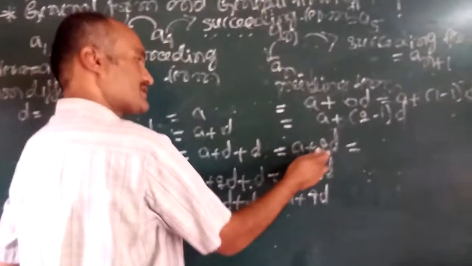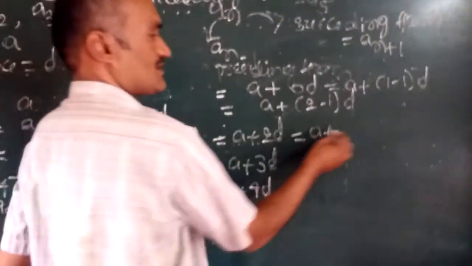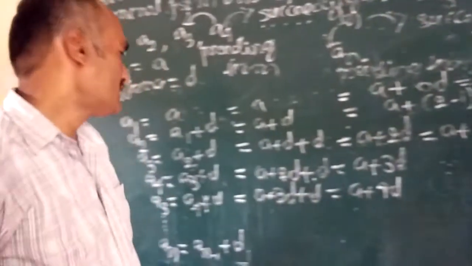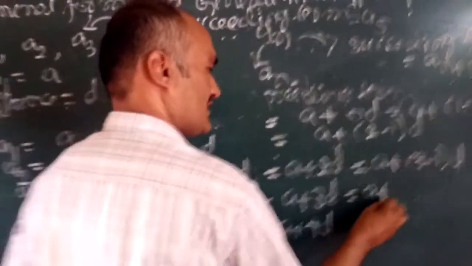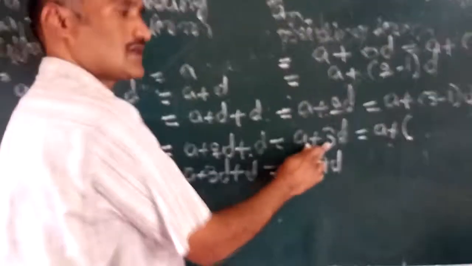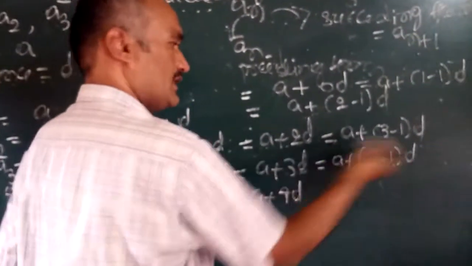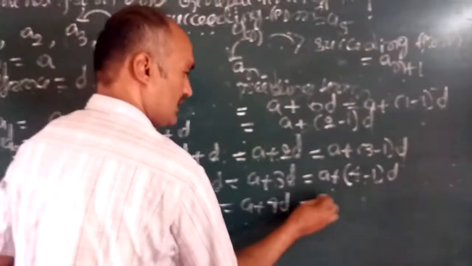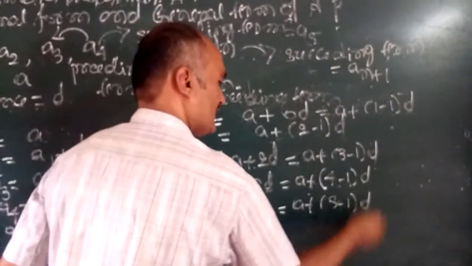So this A plus 2D, the third term, I can write as A plus 3 minus 1 into D. The fourth term is A as it is, plus 3 I can write as 4 minus 1 into D. 4 minus 1 is 3, that is 3D. And the fifth term is A plus 4, which I can write as 5 minus 1 into D.